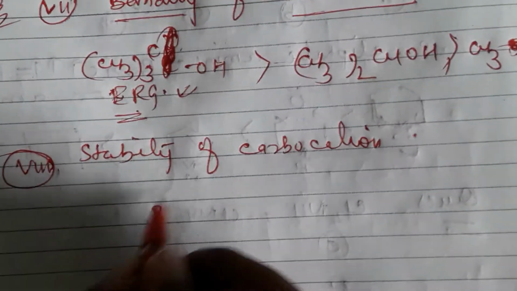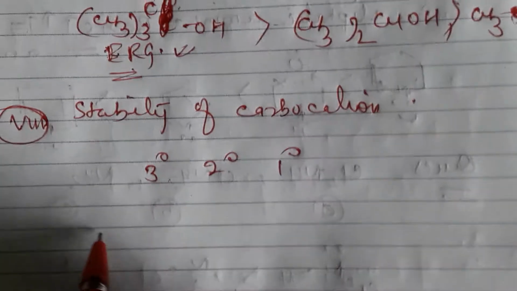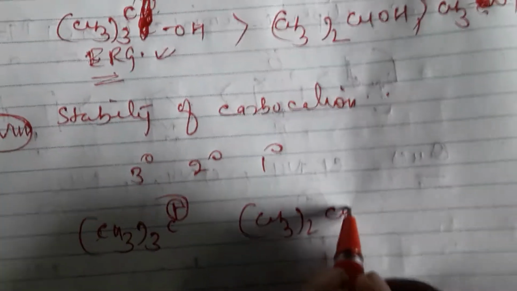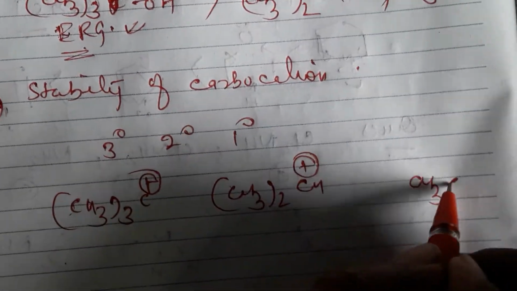Suppose the carbocation is tertiary, secondary or primary: (CH3)3C+, (CH3)2CH+, and CH3CH2+.